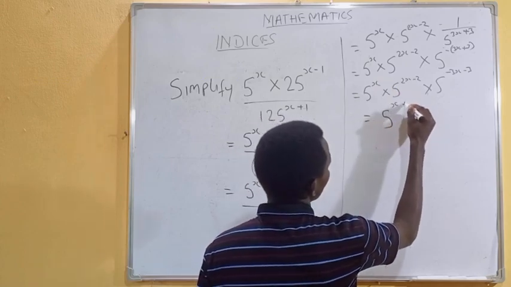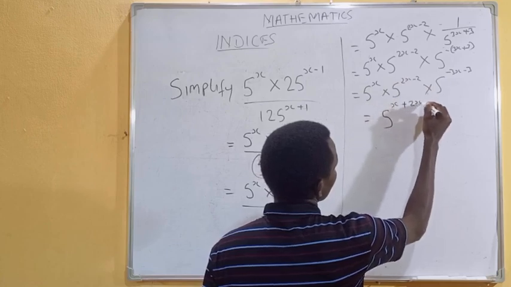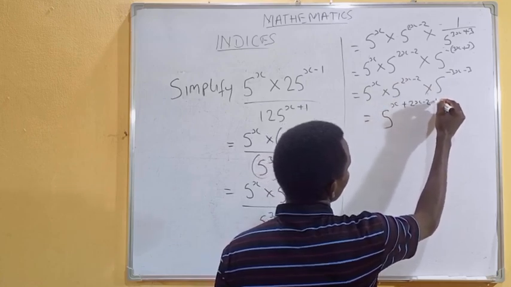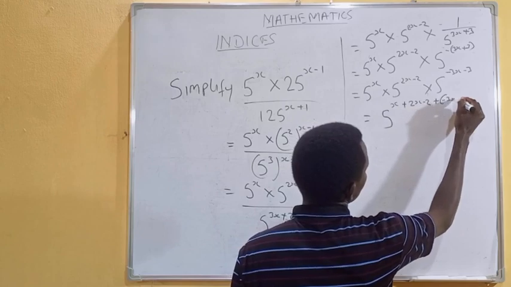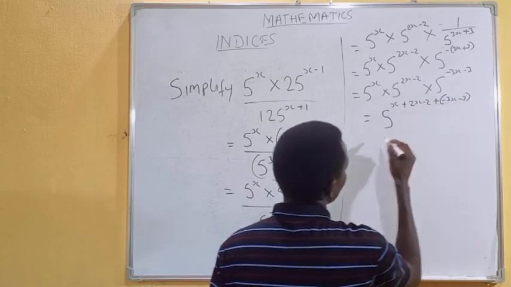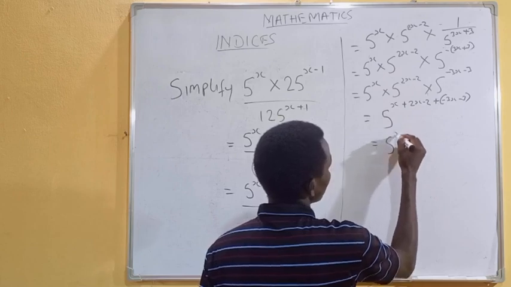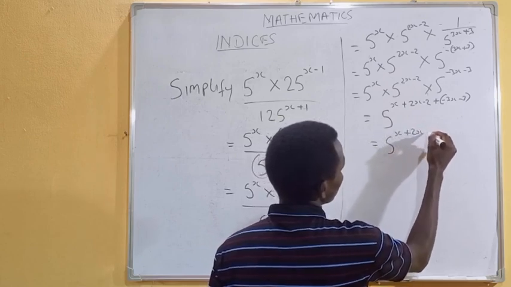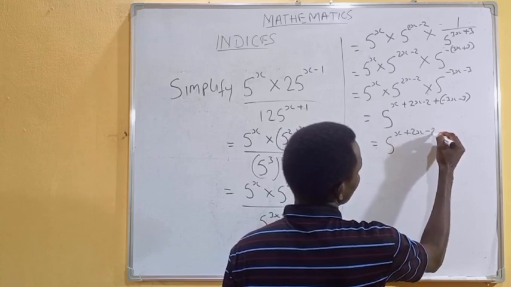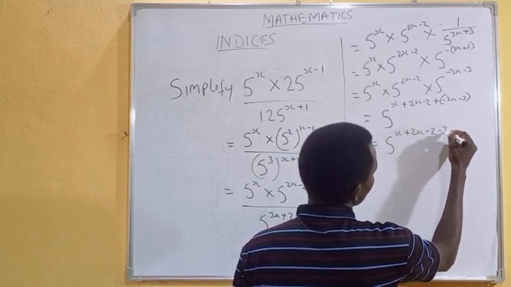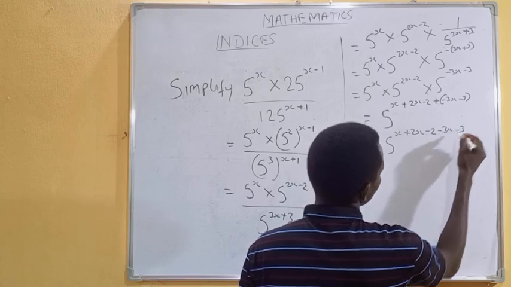5 raised to power s plus 2s minus 2 plus bracket minus 3s minus 3, which will now be s plus 2s minus 2 minus 3s minus 3.